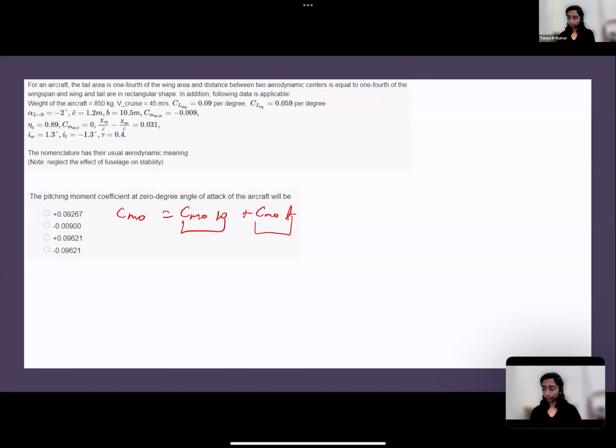Then we can do it together. First you find out Cm naught wing.